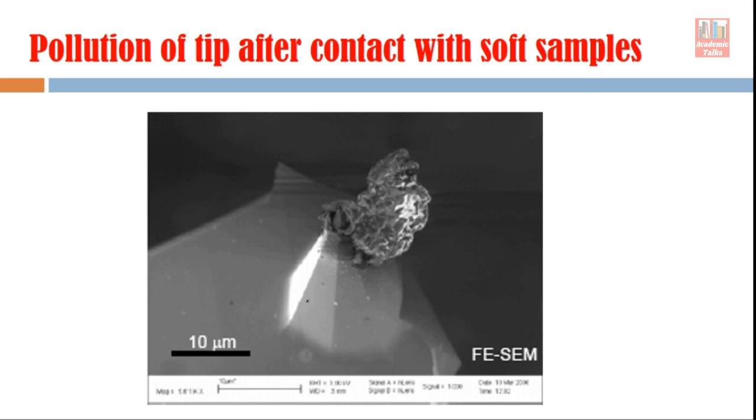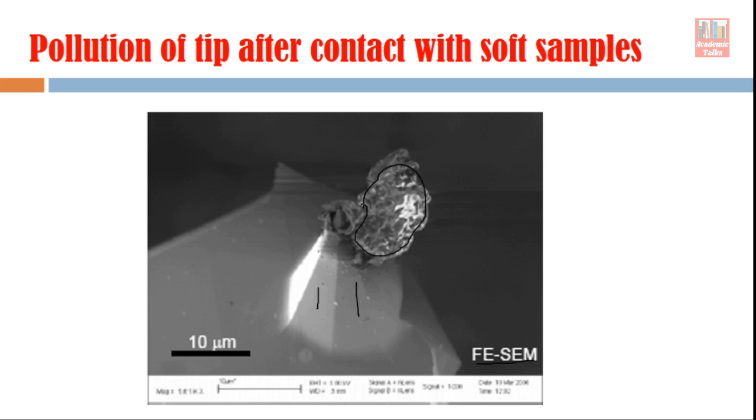So this is the cantilever here and this is the tip here. This image is taken with the help of a scanning electron microscope, SEM. It's a high resolution microscope actually, FESEM, and you can see this part, right?